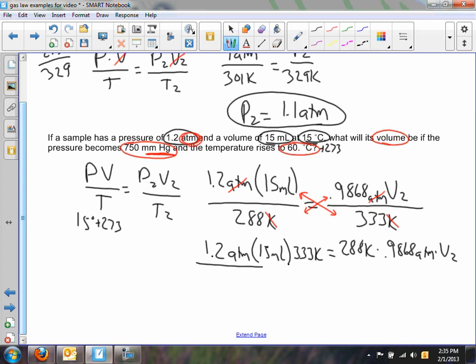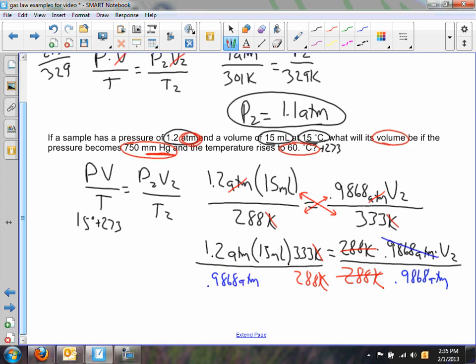And then you want to divide both sides by 288 Kelvin. Kelvin units are gone. Divide both sides by 0.9868 atmospheres. The units for atmospheres are gone.